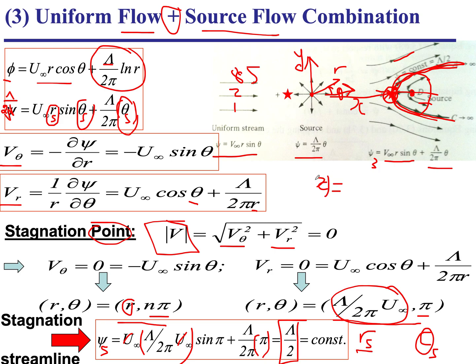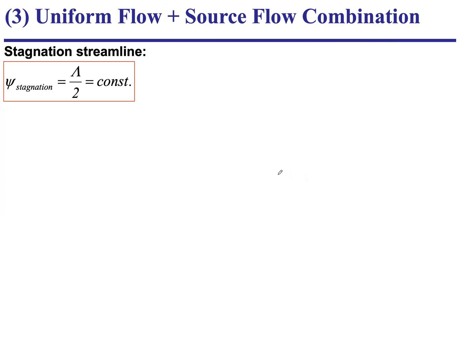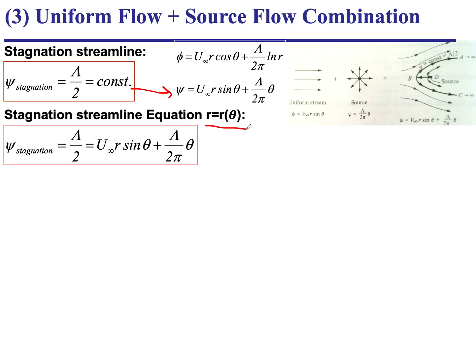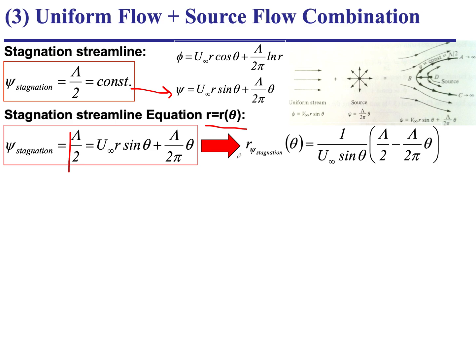You get the point. So that's the stagnation streamline, and plug that here. You're going to get a relationship between r and theta when you plug in lambda over 2. So you're going to get r as a function of theta for the stagnation streamline.